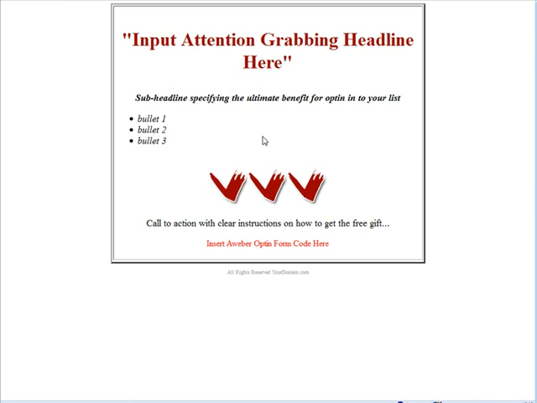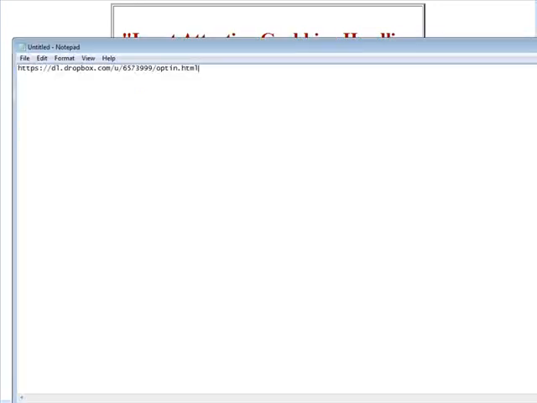There's our web page hosted on Dropbox. So now I can take this URL and copy it out of here. I'll just paste it into a quick notepad to show you what it looks like. Okay, so there is the link to that page. All I have to do is use that link wherever I want to send somebody to my page.